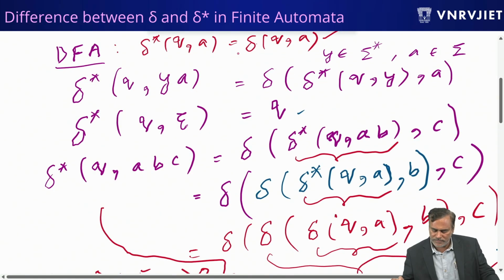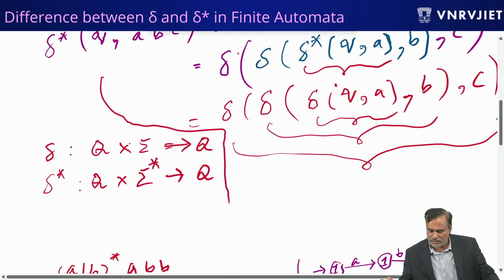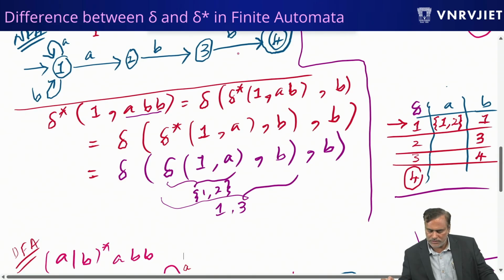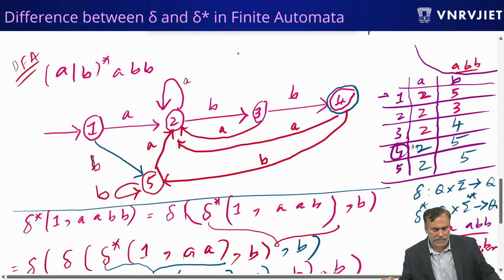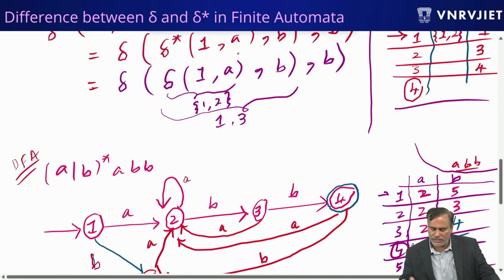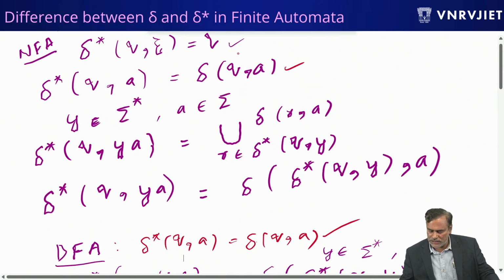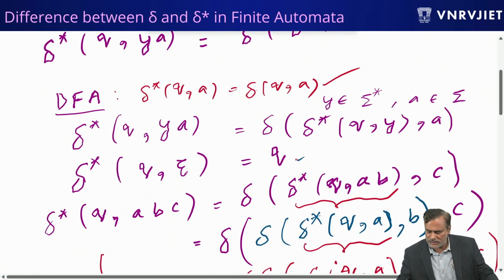In a similar fashion, with respect to DFA, where I have written the definition of this DFA, delta star of Q epsilon is Q itself. Is that clear?